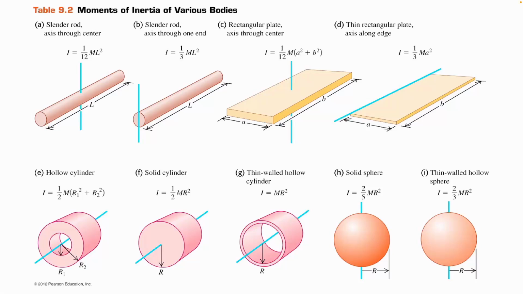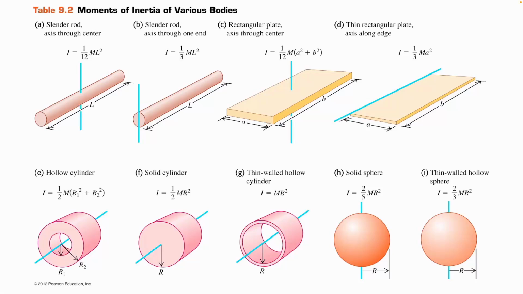D would be like that. It's much easier with a meter stick. It's A. I know I'm not a slender rod, but through its center, this is A.